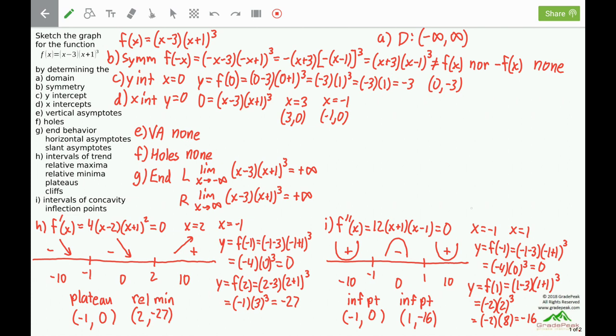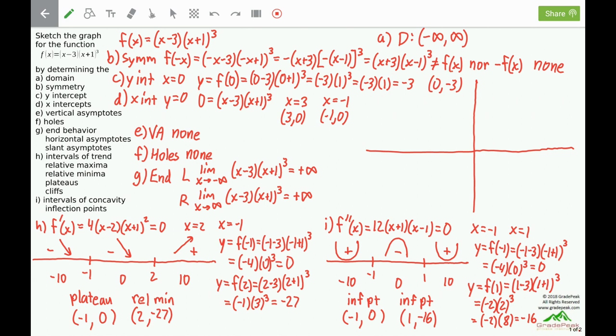We can now graph the function. We have a vertical axis. We have a horizontal axis. The domain is all real numbers, so all x values will be represented here. We have no symmetry at all.